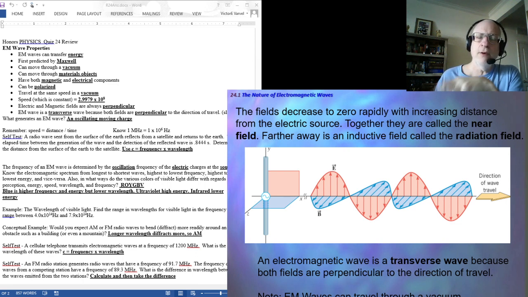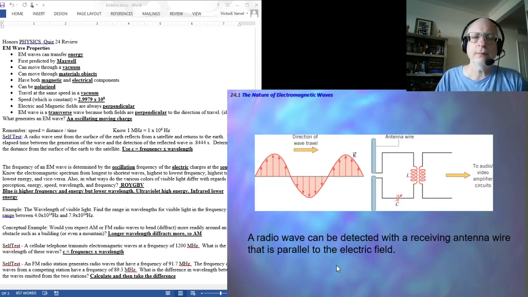So I guess for now, because I really need class and drawings to really explain it, you have a near field, which is when you are close, and the far field is the radiation field. Close up, we call it a near field, and it's much stronger, I guess, is what you really want to understand. And both of these are moving along. The wave itself is moving as a transverse wave, and they are perpendicular to each other, and it can move through a vacuum. I just keep throwing review stuff on there as we go.